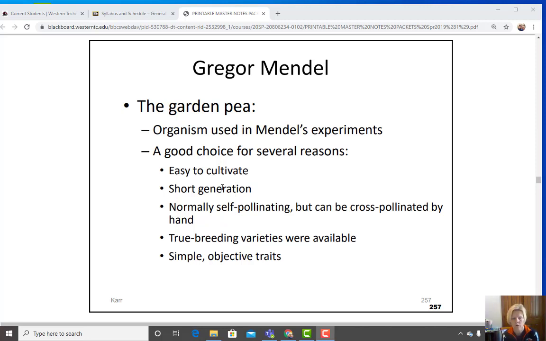So normally these plants can pollinate themselves, which means they can produce the same exact plant, but you can get genetic variation by cross-pollinating plants, which means you're taking the pollen from one plant and crossing it with another plant. We haven't talked about this yet, and I don't want to get into a lot of detail, but plants have female parts and male parts, much like sperm and egg.